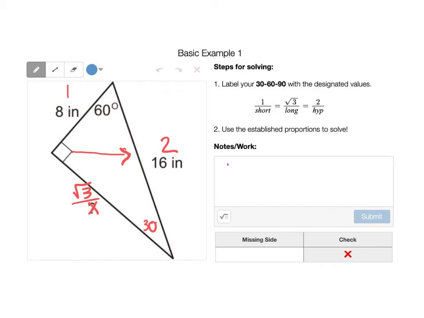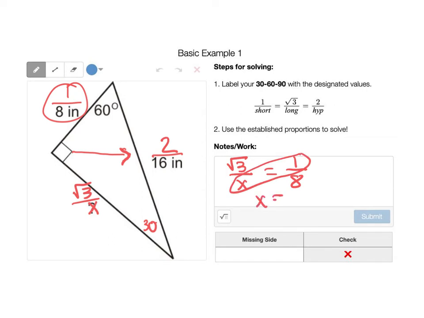So obviously I need the root 3 over x because I'm solving for x. I can use either 2 over 16 or 1 over 8. It doesn't matter. I'm going to pick 1 over 8 just because 1 usually works nicely. Okay, I cross multiply, I get x equals 8 root 3, and that's my answer, and I'm done.